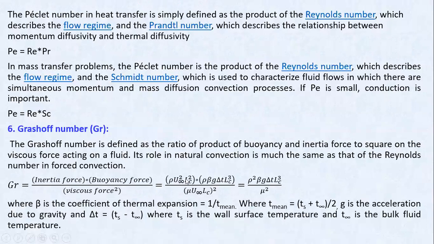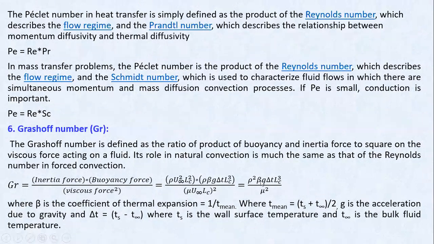So again, if we substitute and simplify, we'll get the expression rho square beta g delta T Lc cube by mu square, where rho is the density of the fluid, beta is the coefficient of expansion, and it is expressed as 1 by the mean temperature. Mean temperature means it is the mean of surface temperature and the fluid temperature.